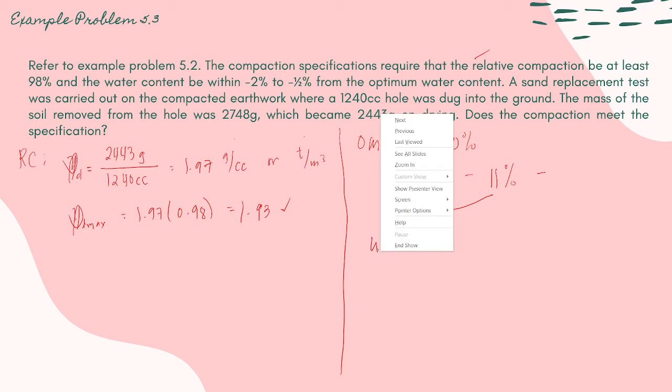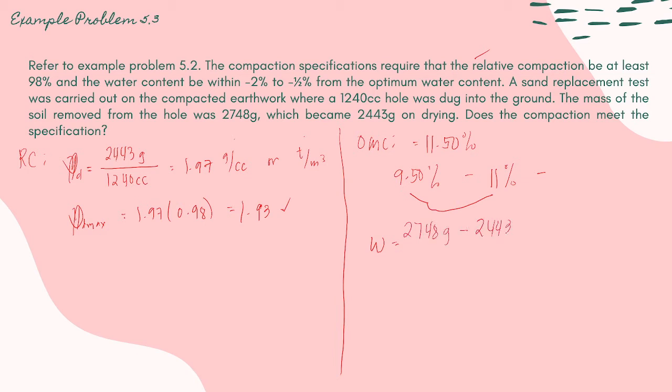Now let us calculate the actual moisture content. The moisture content is equal to 2748 grams minus 2443 grams all over 2443 grams.